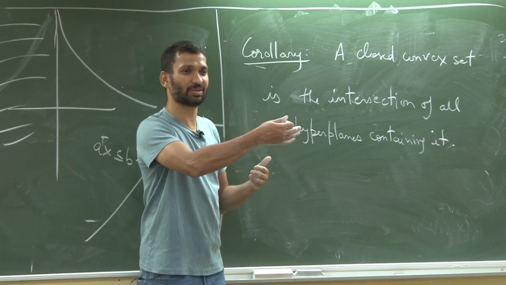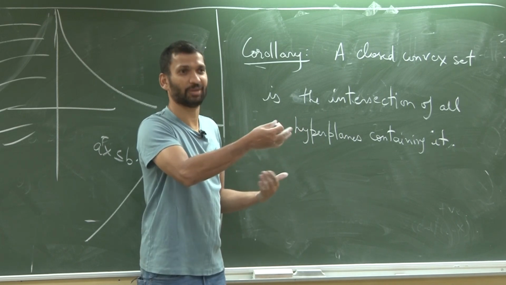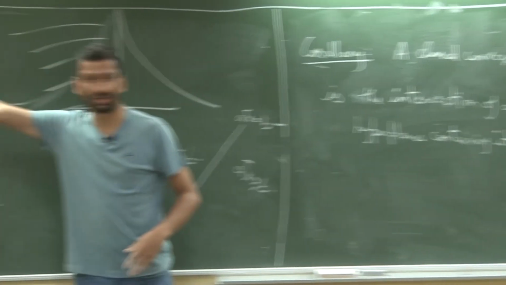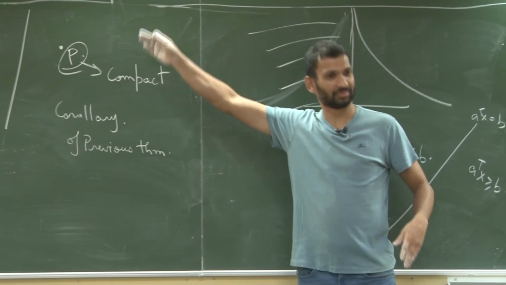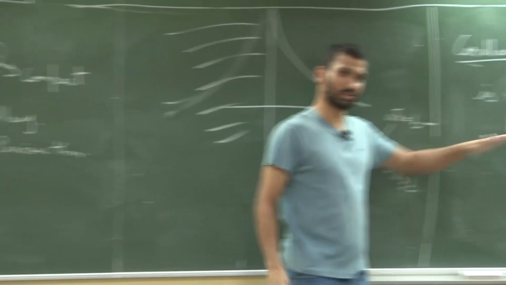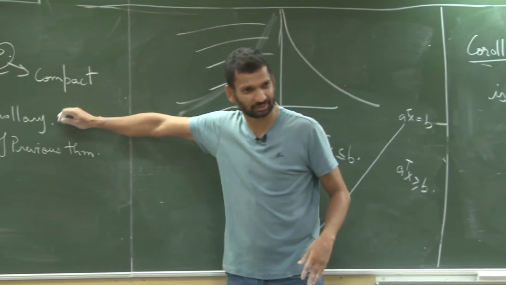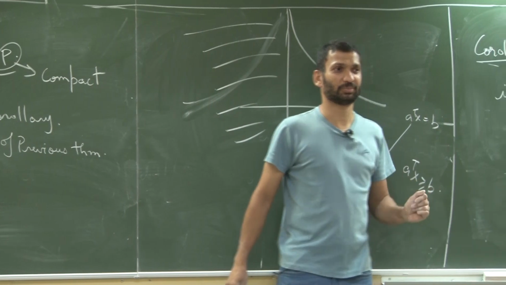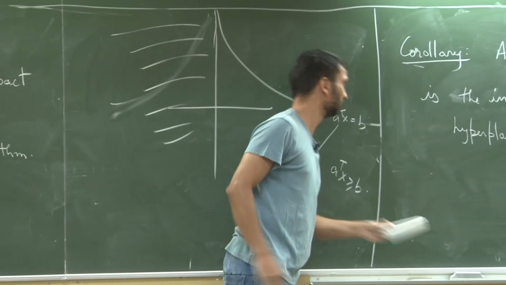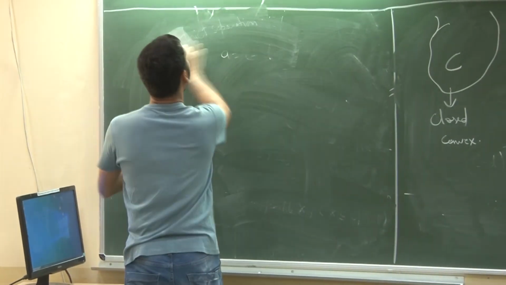Suppose the intersection has an extra point which is not in the set. I can find another hyperplane and C lies on the other side of it, right? So this might seem like a very fancy version, but this is a direct corollary of this theorem. Okay. Good.